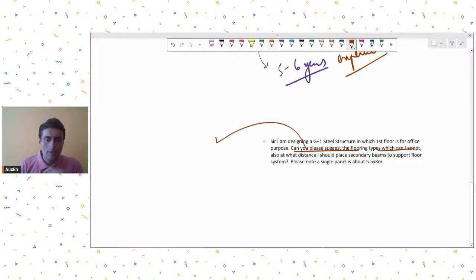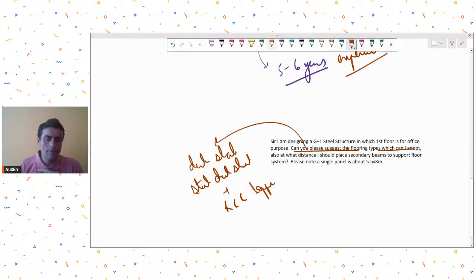So if this is an office, then a deck slab, that means steel deck sheet plus RCC topping, will be a suitable option for you.